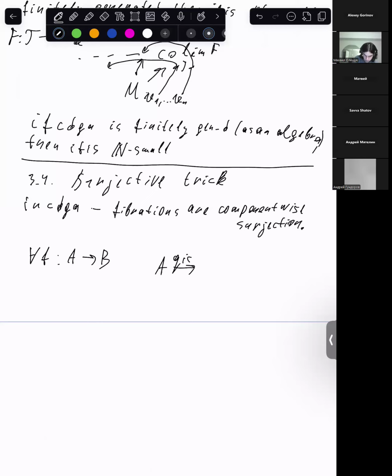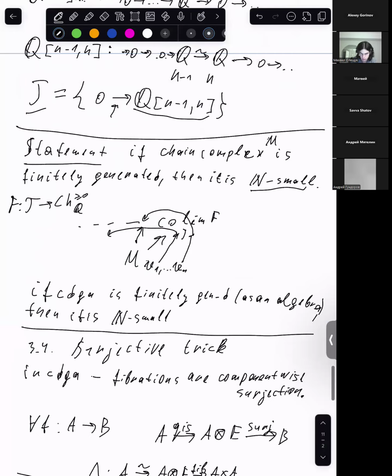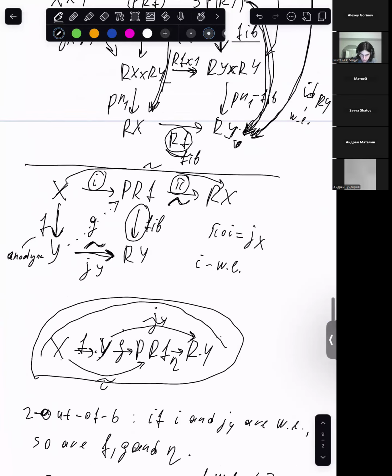For a diagonal morphism, it gives us exactly a path object. And so we checked everything that we wanted, I think.